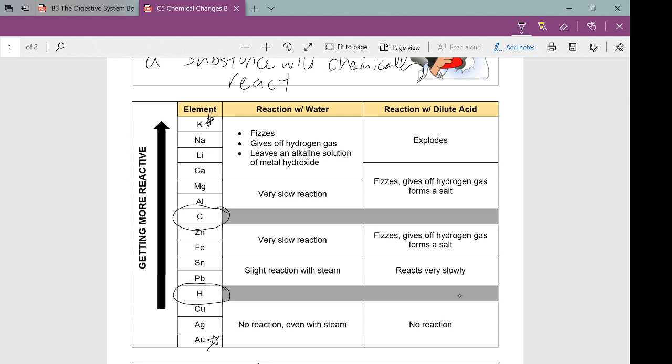When it comes to memorizing the order of reactivity, AQA does expect you guys to be able to memorize this, and I don't want you to feel completely overwhelmed, because 95% of the time, they probably won't ask, for example, which is more reactive, magnesium or aluminium, which were these two by here.